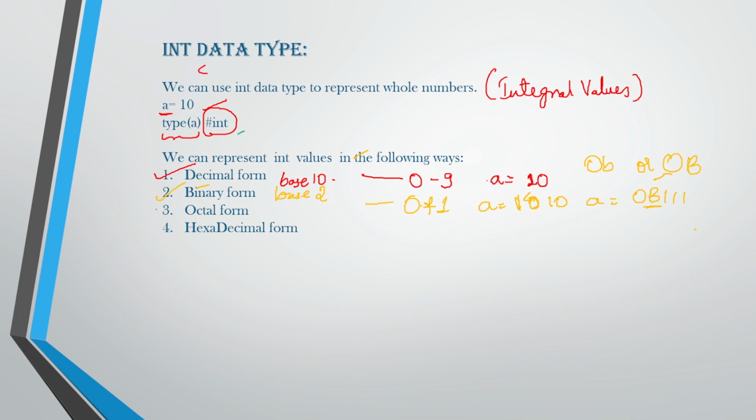Next we have the octal form. The octal form allows the digits from 0 to 7.